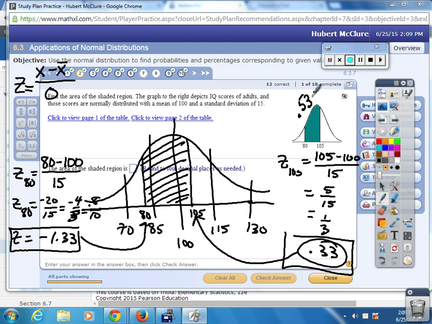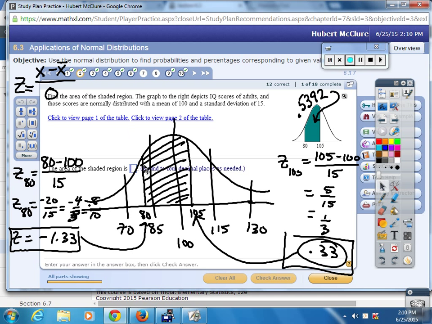And that is your area of that region right here. So it says, where's the answer? Oh, round to 4 decimal places. 0.5392. We got it right.